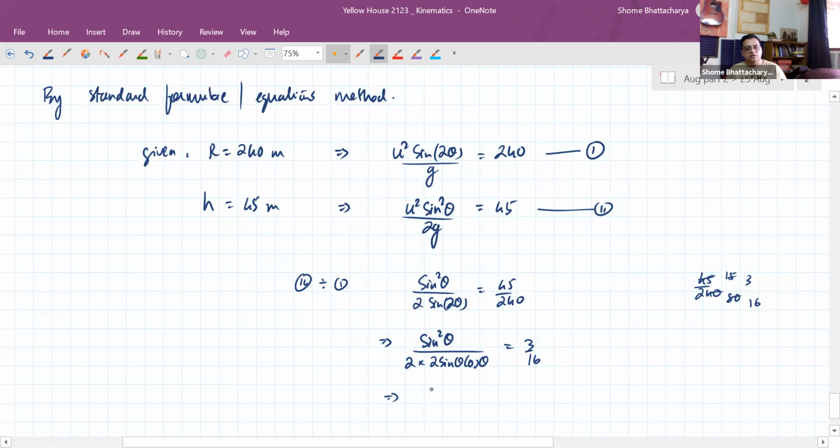So you would have seen that tan theta is 3 by 4. So theta is 37 degrees. That's the first thing. Okay.